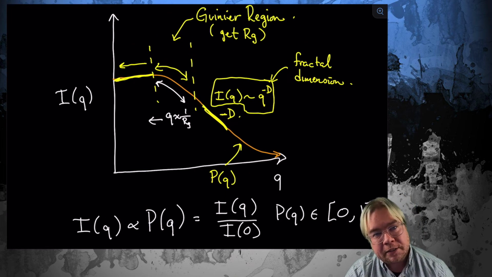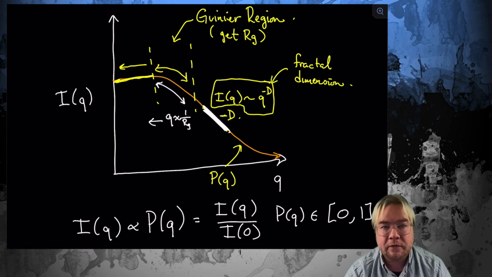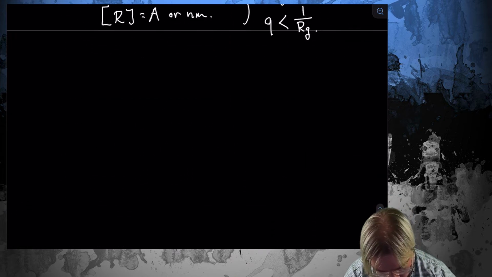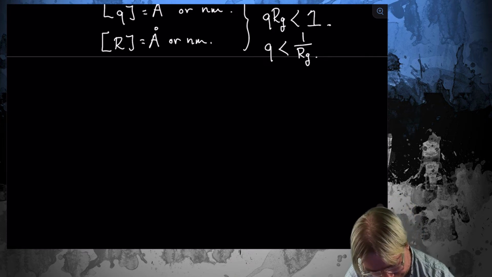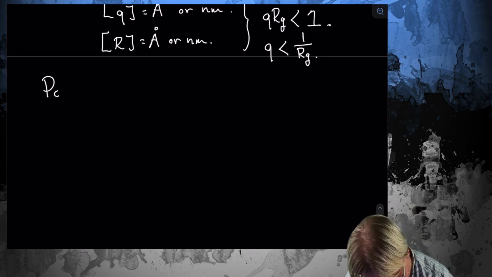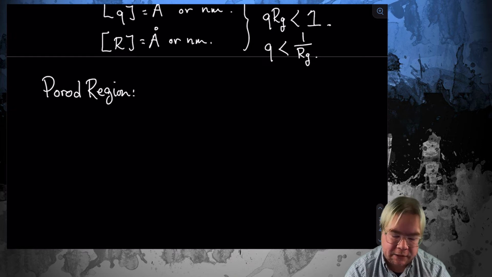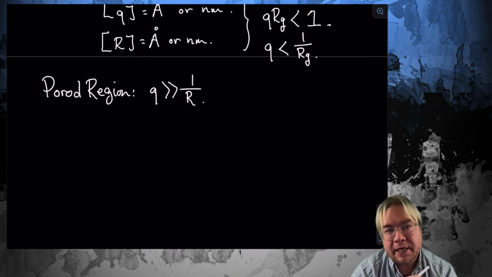So we've done that, but let's look at the Porod scaling. Let's look out here where we have the scaling or the decay of the intensity. Well, let's go to large values of Q. Let me write down what we're doing. This is the Porod region. And let's look here at the case where Q is much, much bigger than the size of the polymer chain.